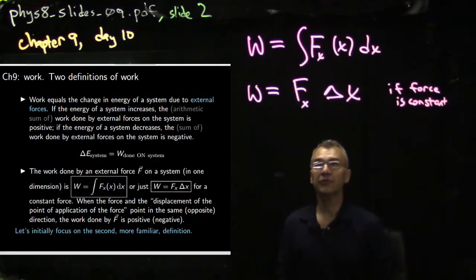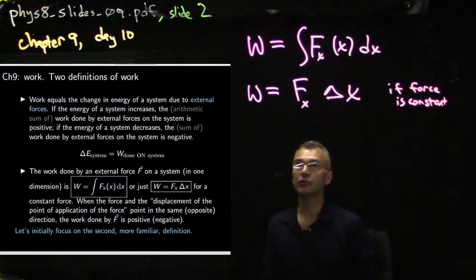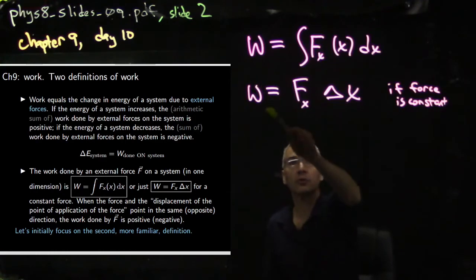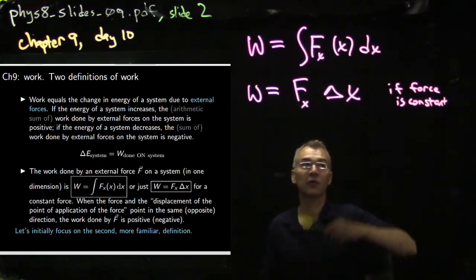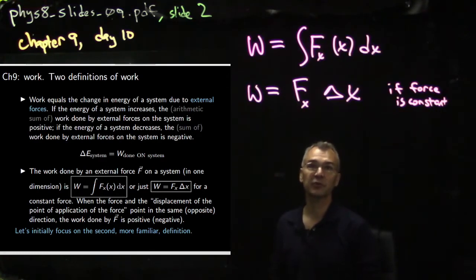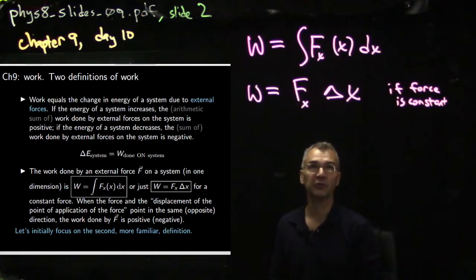Mazur's Chapter 9 offers two definitions of work. If you took physics before, the more familiar definition is that work, for a constant force, is the force times the displacement, or for a non-constant force, the integral of the force with respect to displacement.